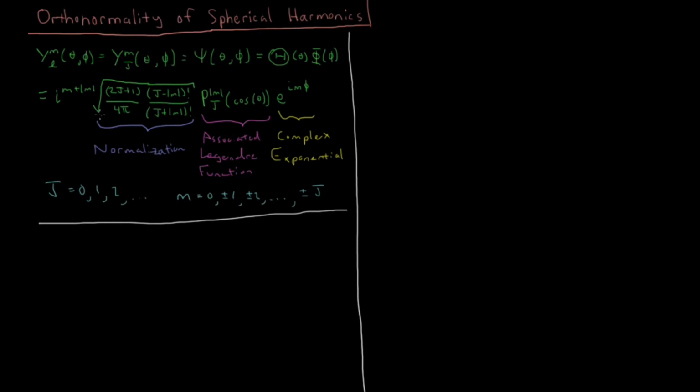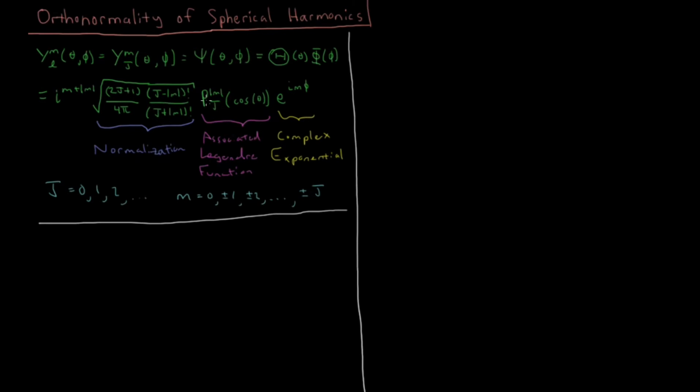And you get some normalization constant depending on j and m, the square root of (2j plus 1) over 4 pi times (j minus absolute value of m) factorial over (j plus absolute value of m) factorial, times an associated Legendre function, which depends on j and the absolute value of m, and the variable in that Legendre polynomial is cosine of theta. And then there's a complex exponential at the end.